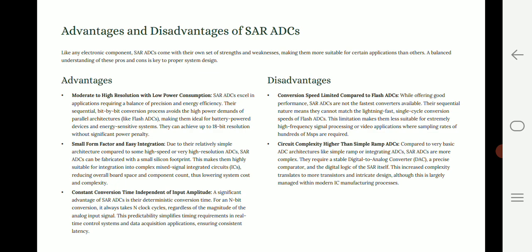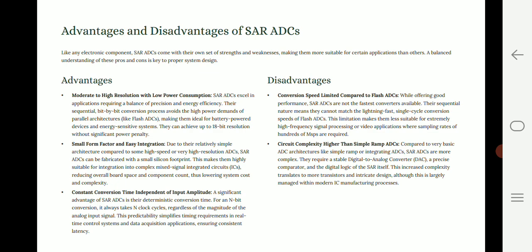Because when we know the pros and cons, we can say whether this is the perfect ADC for this system or not. For that purpose, we must know both the advantages as well as the disadvantages.